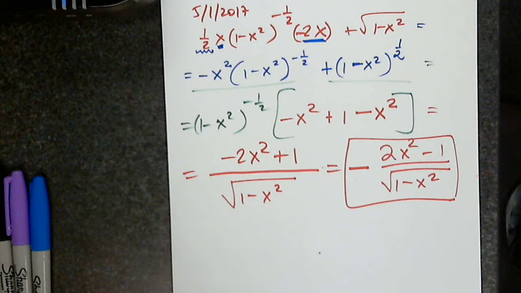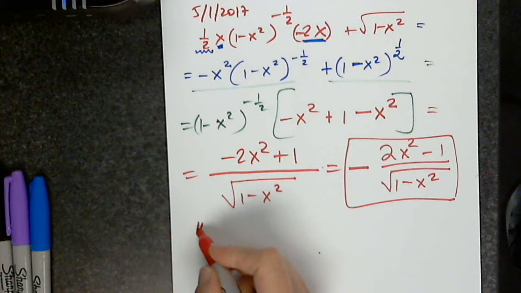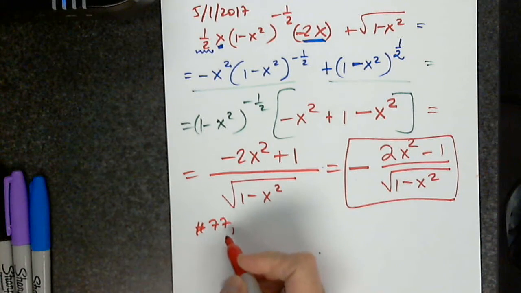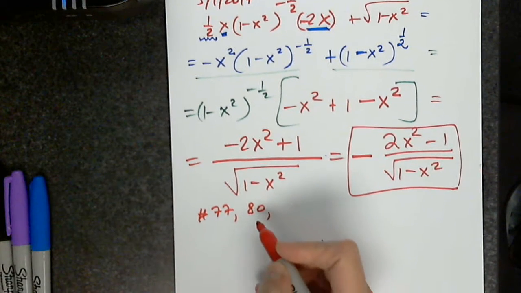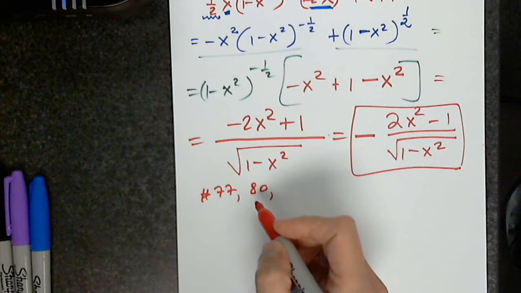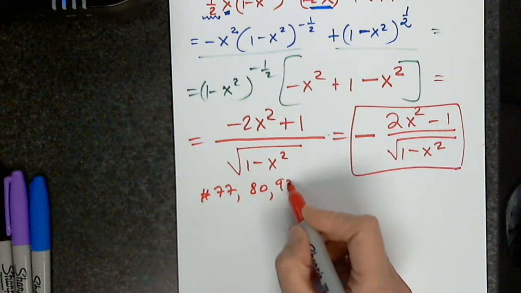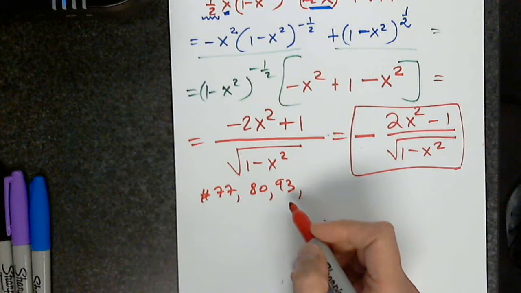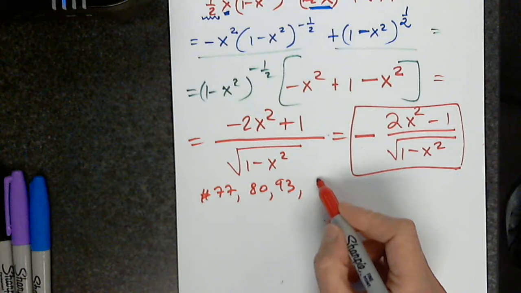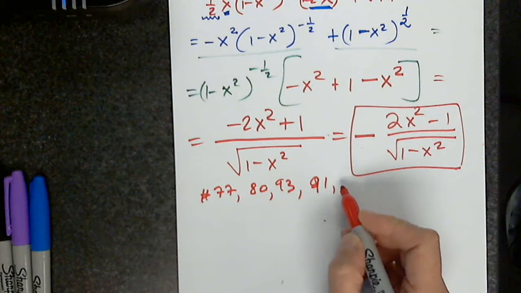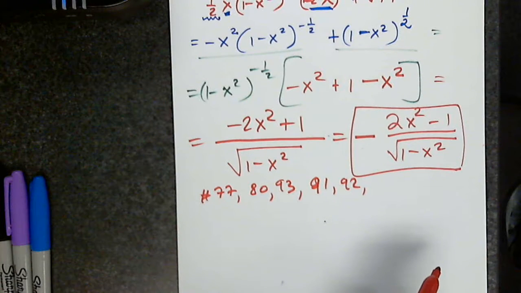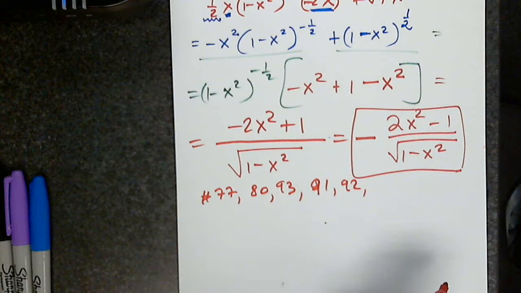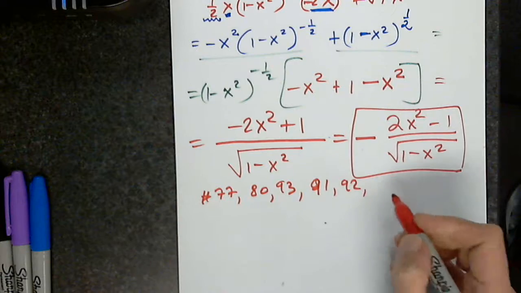And problem 132. So I'd like to look at 77, 80, 93, 91. Sorry for not writing them in ascending order. And 132.